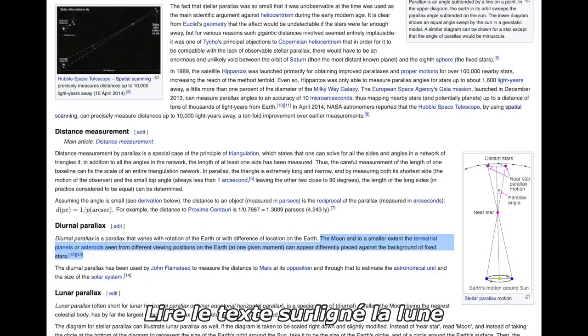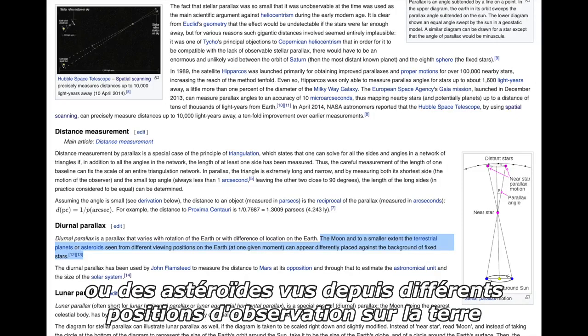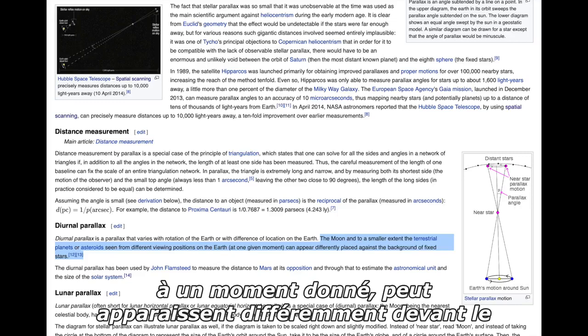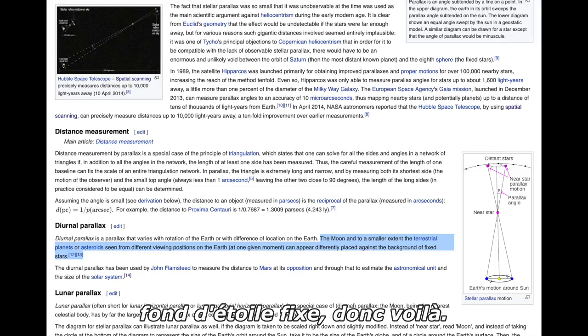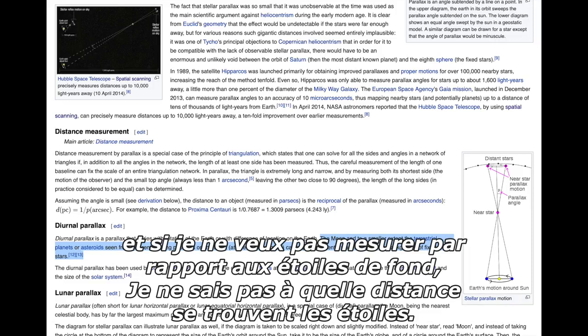Reading the highlighted text: the moon, and to a smaller extent the terrestrial planets or asteroids seen from different viewing positions on the Earth at one given moment can appear differently placed against the background of fixed stars. So there you have it, measured against the background stars. But what if I don't want to measure against the background stars?